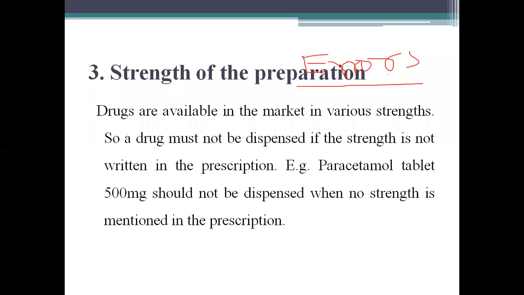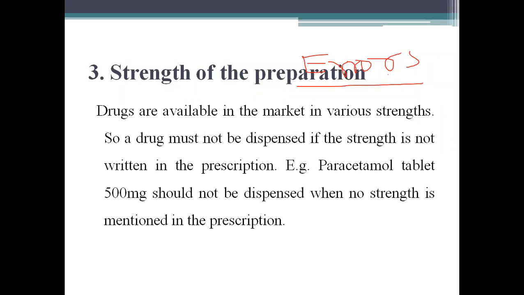So the drugs are available in the market in various strengths, so the drug must not be dispensed if the strength is not written in the prescription. For example, if the doctor writes only paracetamol, it should not be dispensed when no strength is mentioned in the prescription.